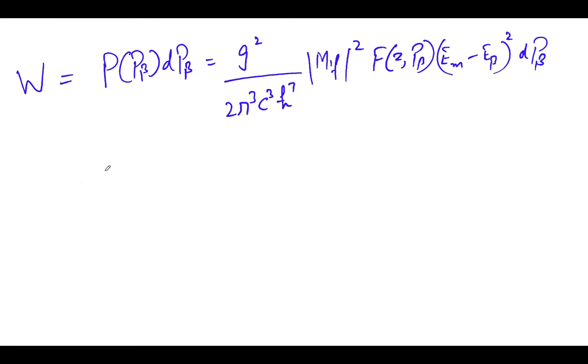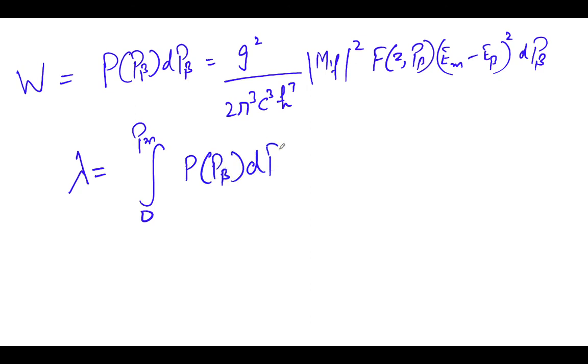So this is our transition probability, and if we integrate this equation for the change in momentum range from 0 to maximum PM, this will give us the decay constant of this nucleus for this beta decay. So the decay constant we can find out if we integrate this momentum equation. This gives a constant C, which comes outside.